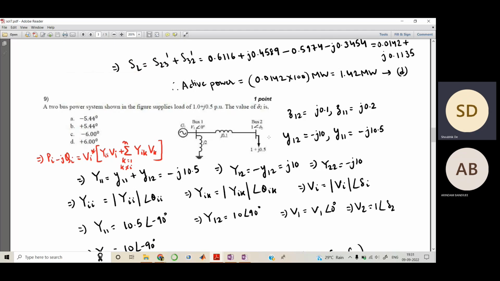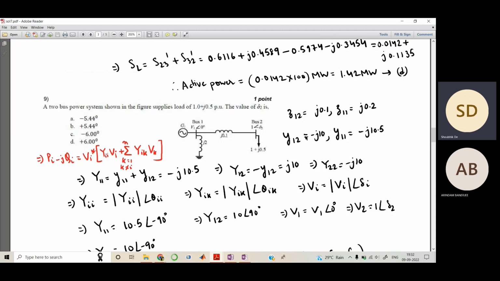This is the diagram, and looking at it you can immediately construct the admittance matrix. Z12 between 1 and 2 is j0.1, and Z11 is j0.2. Therefore your y12 would be minus j10, and Y11 would be this plus this, right?